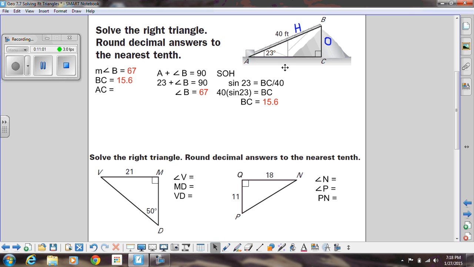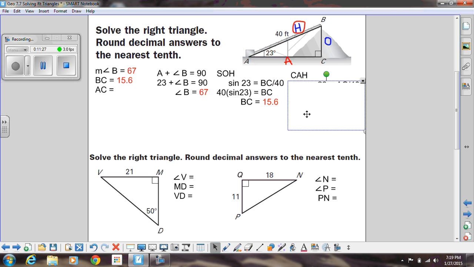And then the third side, well, you have two options. You can set it up just like we did with BC. So we can use some trig. All we have to do is figure out what side we're dealing with. So AC is adjacent to 23. And then we're going to use the hypotenuse. So I can use A and H. That's the CAH in the SOHCAHTOA.